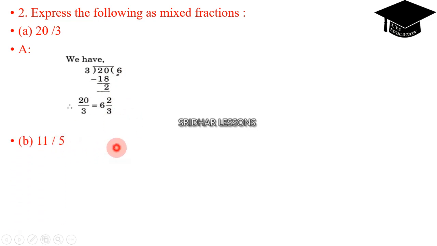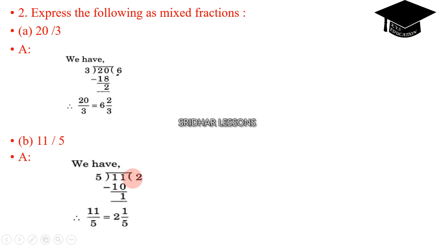Next, 11 by 5. Divide 11 by 5. 5 into 2, 10. So 1 is the remainder. We can write 11 by 5 as 2 1 by 5. 17 by 7.